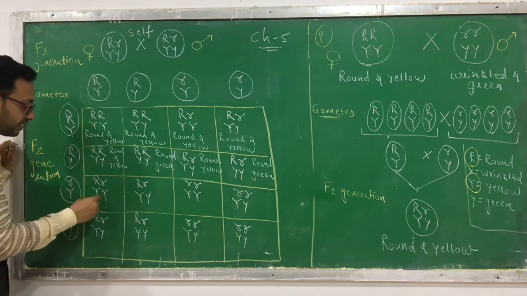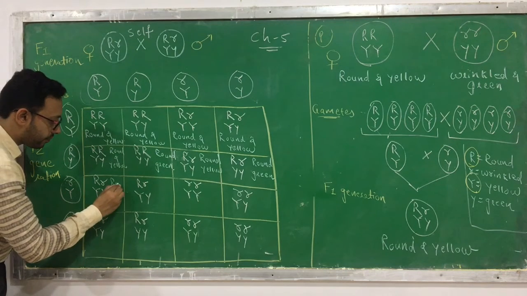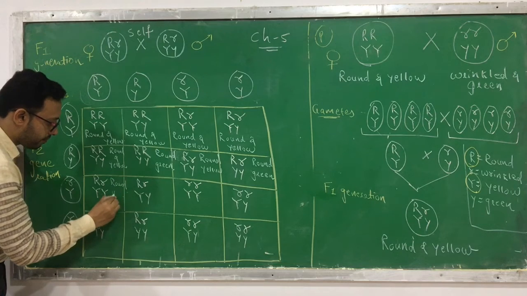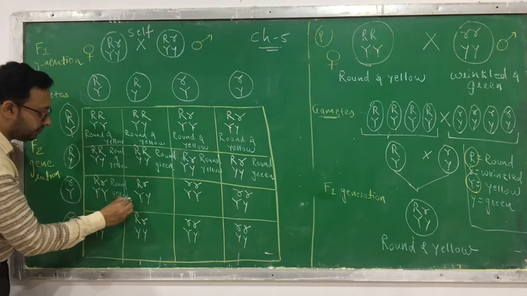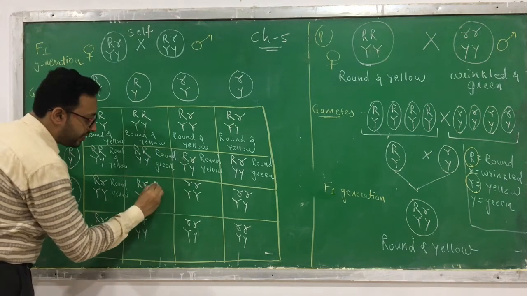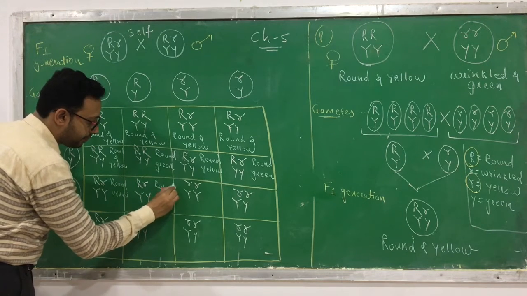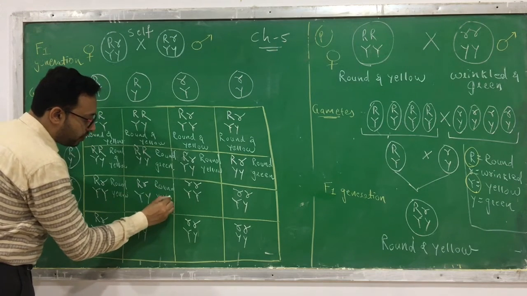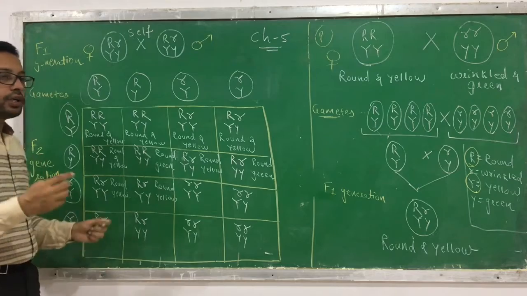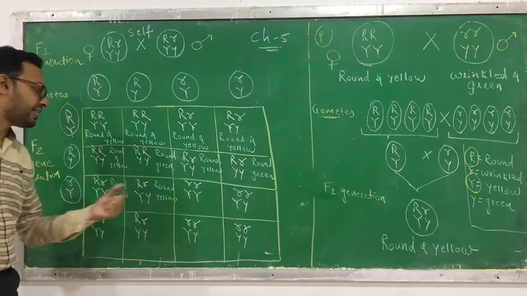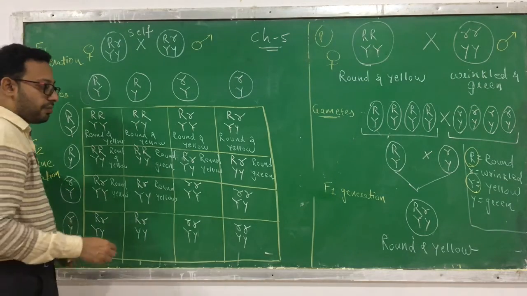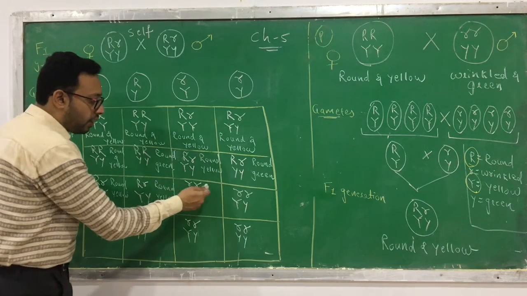Next, see here, this is round and yellow. This one is again round and yellow. You can also write down below, but due to less availability of space, I am writing side by side with small letters. But you can make a big table. Small r, right?